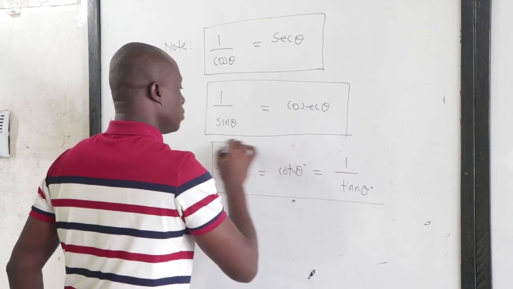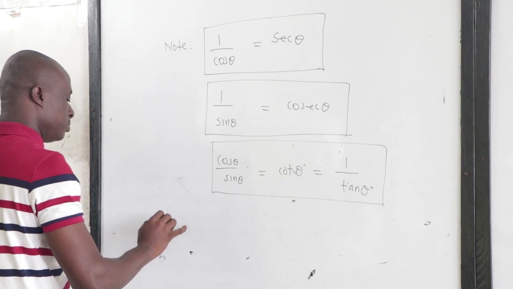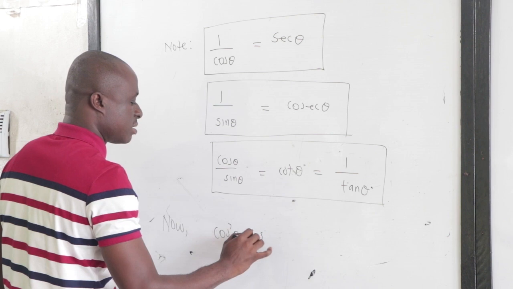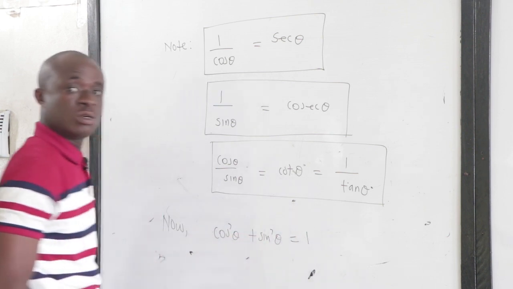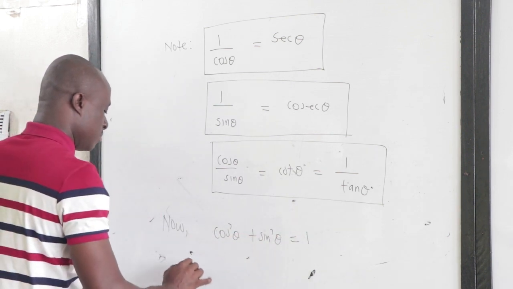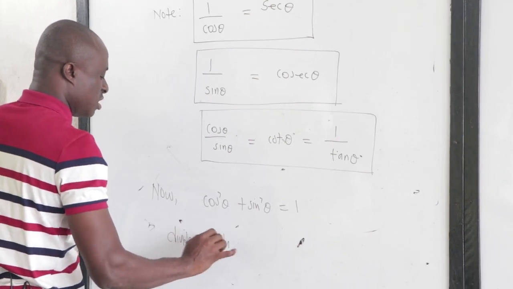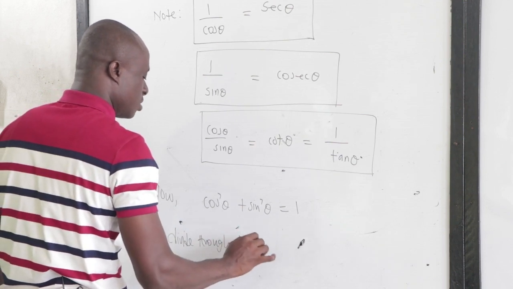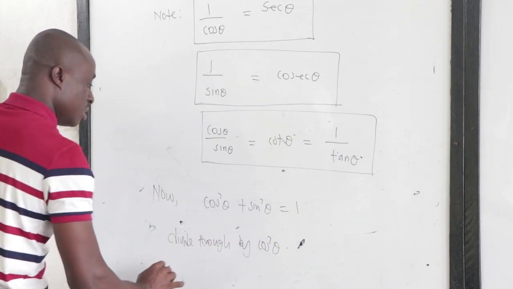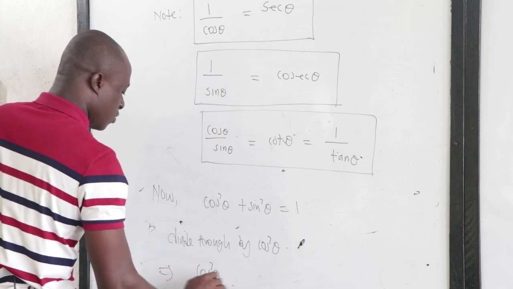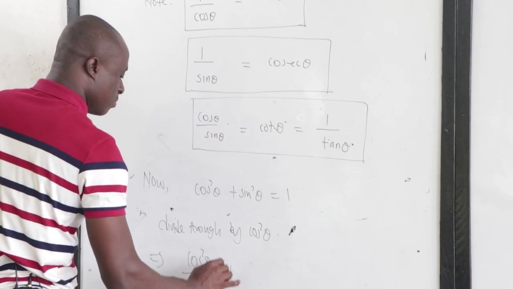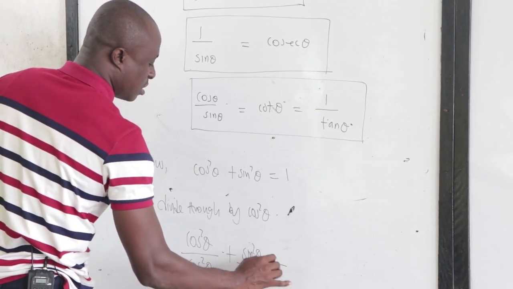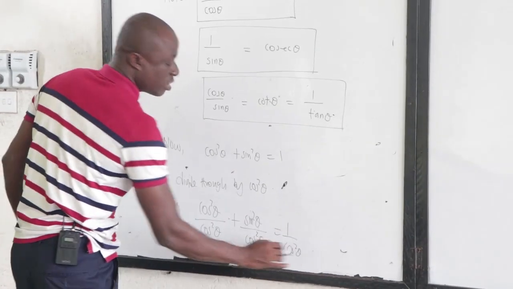Now, we know that cos square theta plus sine square theta is equal to 1. Now let's divide through with cos square theta. This implies that cos square theta over cos square theta plus sine square theta all over cos square theta is equal to 1 over cos square theta.